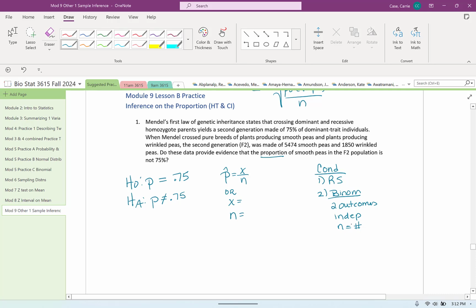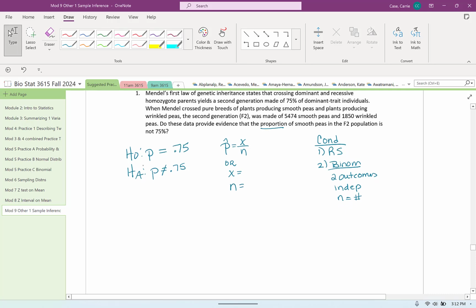And then the proportion has also got to be equal to a number, but we satisfied that by writing it down in the null. And so those are my three conditions there. And then I also have to satisfy the condition of normality to use the normal approximation. That first condition is that n times p sub 0 is greater than or equal to 10, and n times quantity 1 minus p sub 0 is greater than or equal to 10. And I have to satisfy all of those things.